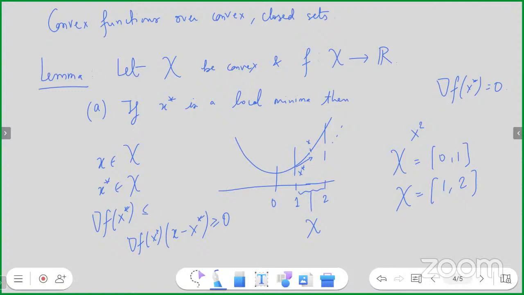What you expect to happen is being represented by this. What do you expect? That's the most important thing in calculus. If I have a local minima over a constraint set, what condition should I satisfy?